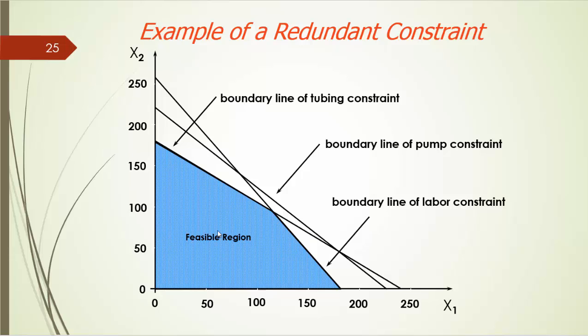What stands out here is that the feasible region has nothing to do with the pump constraint boundary line. That is to say, with or without the pump constraint, the optimal solution will be just the same. Being able to identify redundant constraints is very helpful for us to solve LP problems.